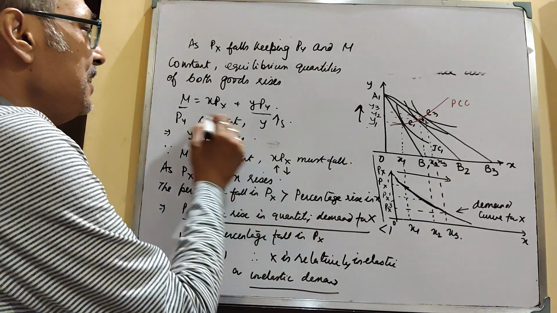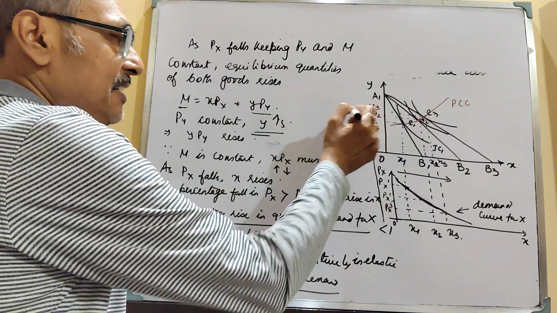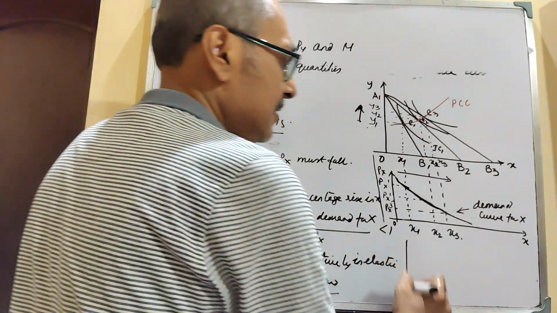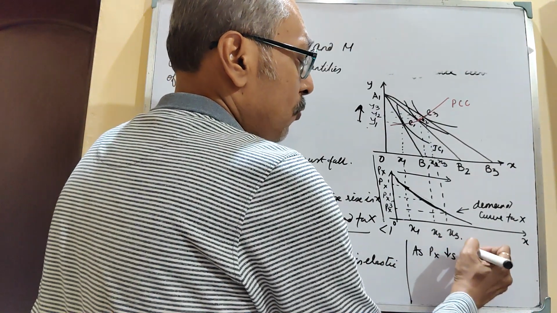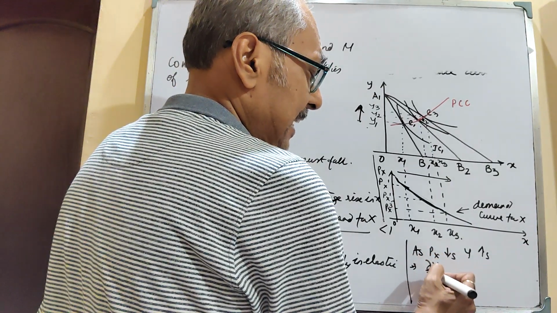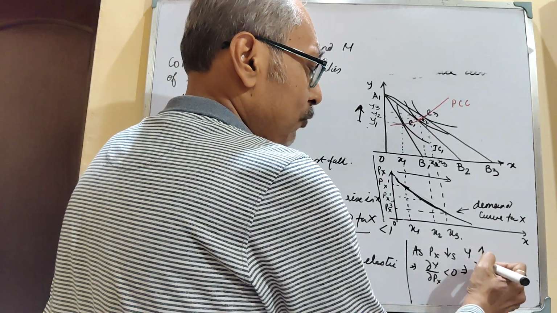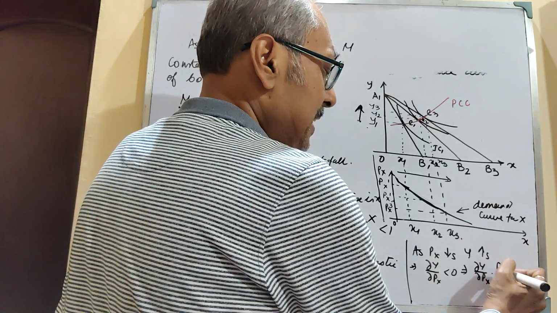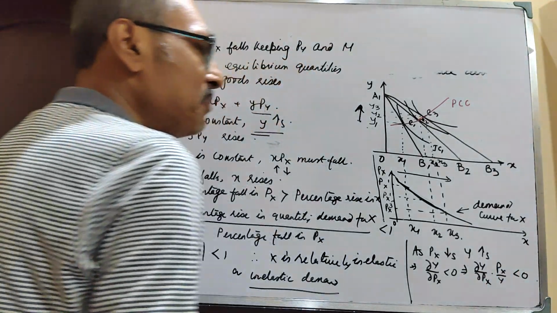Now, what about the cross price elasticity? Y rises, quantity demanded of Y rises, Px falls. As Px falls, Y rises. That is, del Y by del Px is negative, or del Y by del Px into Px by Y is negative. Negative means what?